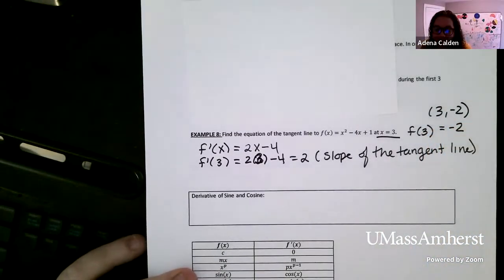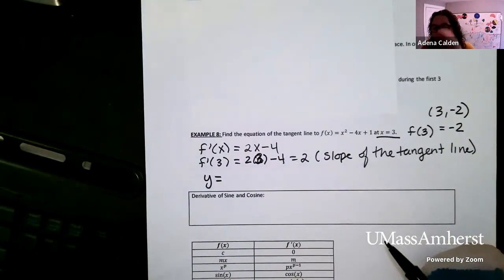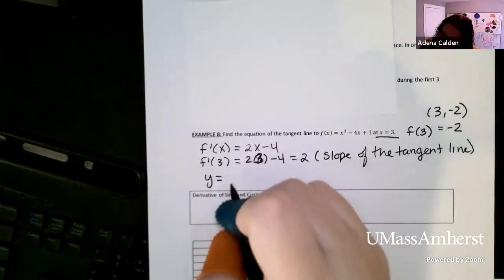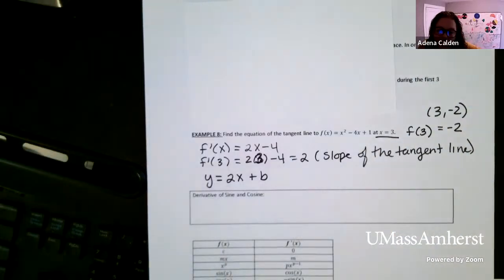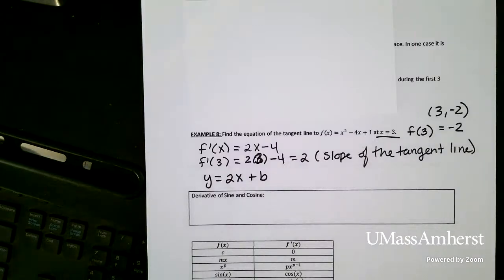We know the slope of the line is 2. So we can start putting that together into y equals mx plus b. So my m is the slope. So now I'm really close to having the full equation of my line. To solve for b is why I need this particular point.